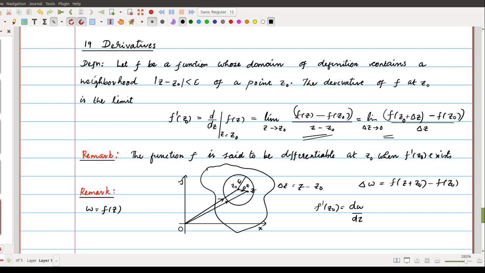If this is the function, then f'(z0) is represented by d omega by dz, and that is equal to the limit as delta z tends to 0, where the numerator is replaced by delta omega and divided by delta z. So we use this formula as well to denote f'(z0).